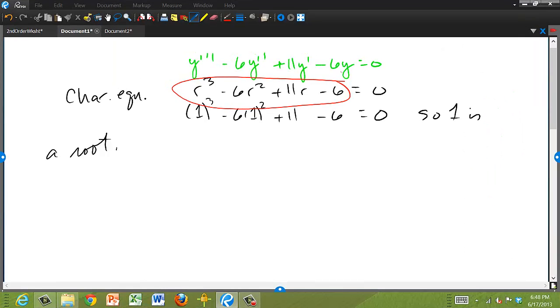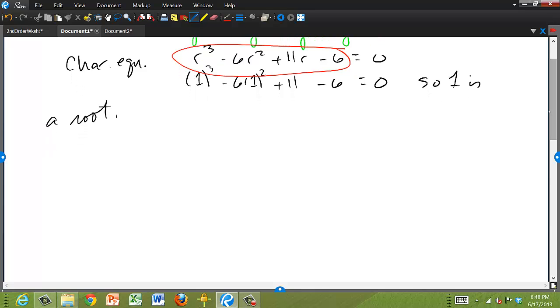Let's see. So now you want to factor that polynomial on the left-hand side. You know that r minus 1 is a root. You can do polynomial division or something like that. I expect you to know how to do that. So you want to take r cubed minus 6r squared plus 11r minus 6 and divide by r minus 1.